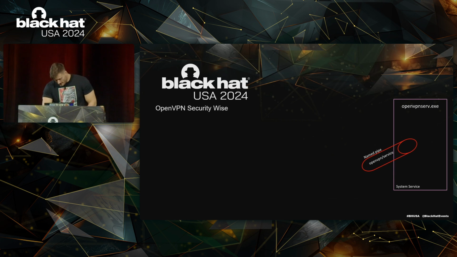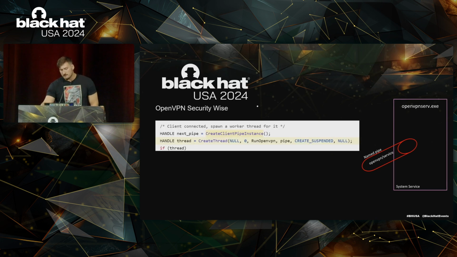Now let's talk a little bit about the security side of OpenVPN. Basically, OpenVPN on Windows has openvpnserv.exe, which is the NT system service. It has a named pipe by the name openvpn\service, to which, when connected, openvpn.exe will be spawned for a specific client.